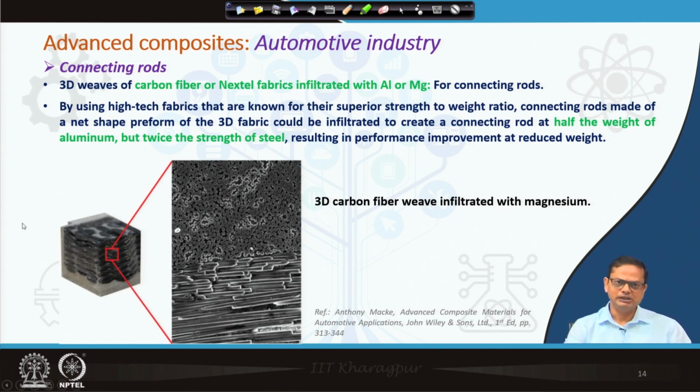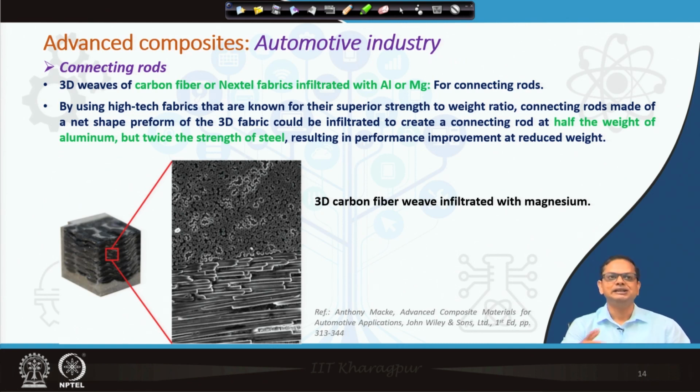Okay. So, using alumina fiber or carbon fiber, this kind of 3-dimensional weave could be made. Okay. Fibers could be woven into this kind of 3D structures, and it will be acting as a preform. Okay. What is preform? You guys remember?